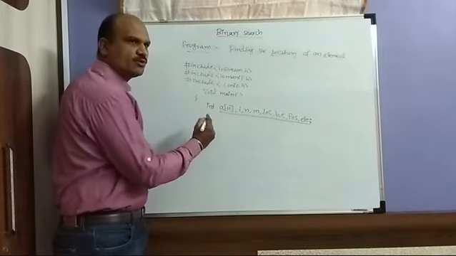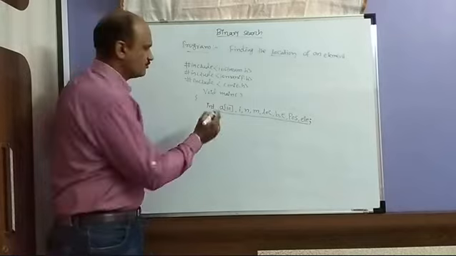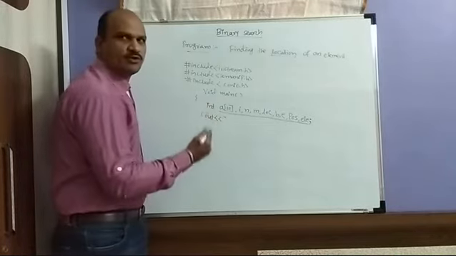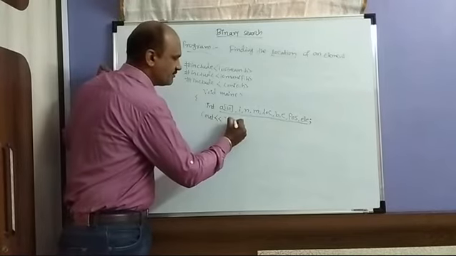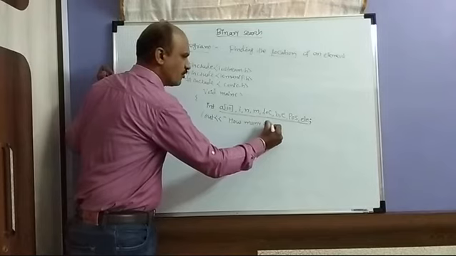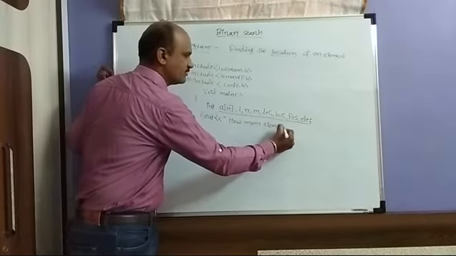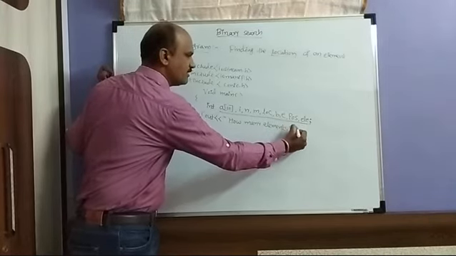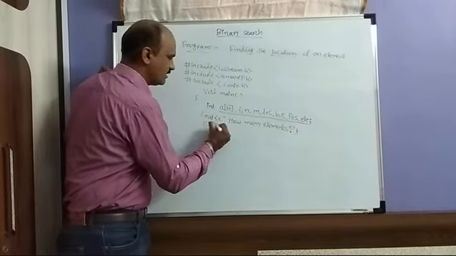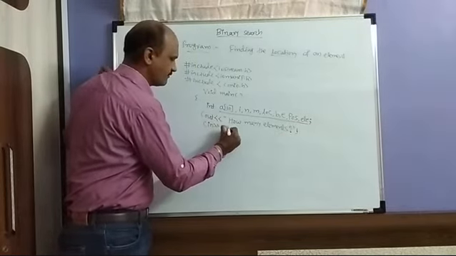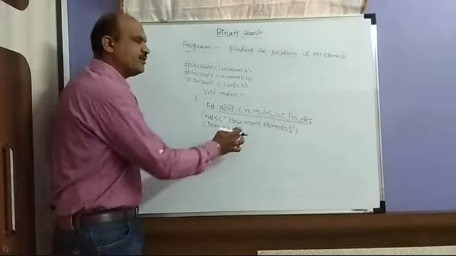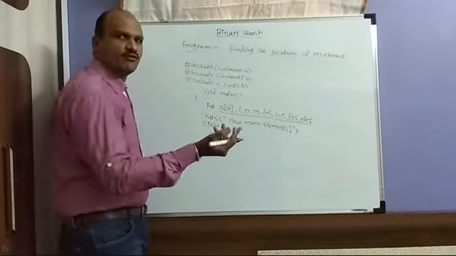Then first, how many elements do you want to give? So first write cout, how many elements you are giving in the array. So it will read the number of elements, that is n. Okay, if I give 5 elements, it should read all the 5 elements.